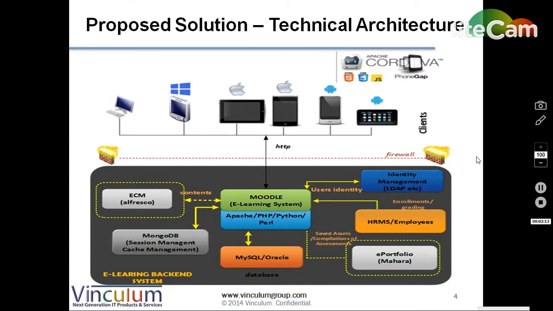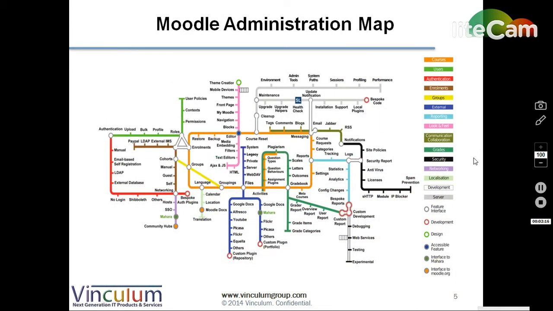Now, moving on to slide number 5, this talks about the administration map for Moodle. Color coding helps us to understand what all functionality is possible in terms of application development, and how exactly the tool will be developed and mapped within the AS Watson organization structure.